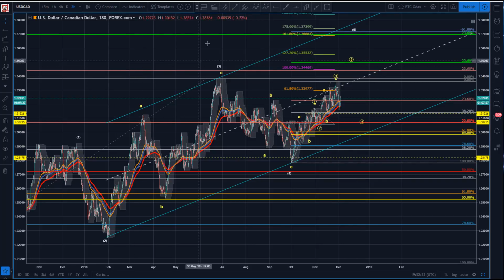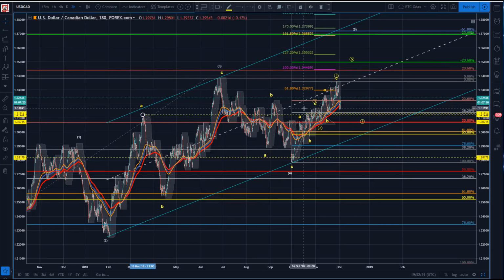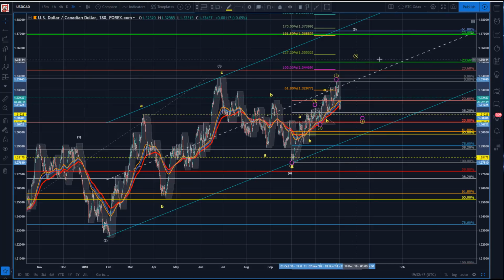Now we do have some structure here that might be in play. We've got this pivot. So if that's 1, the other possibility is the 3 is not in yet, and we're still in the process of carving out the 3, so this all could be bigger. So that C could come up here. This could end up being the A. This could be the B, right?